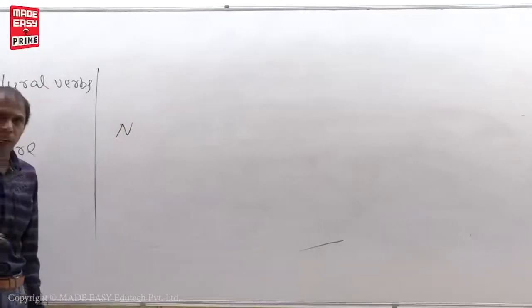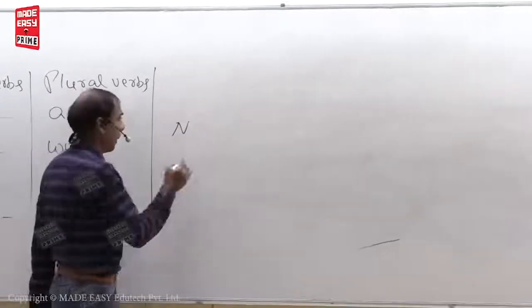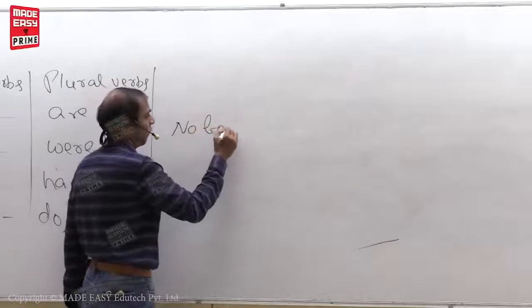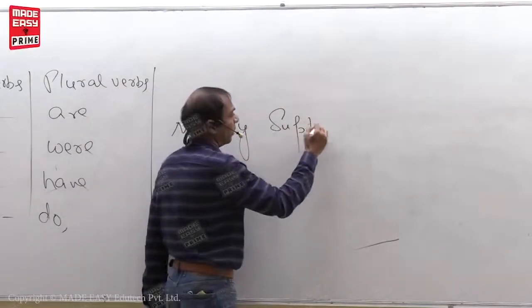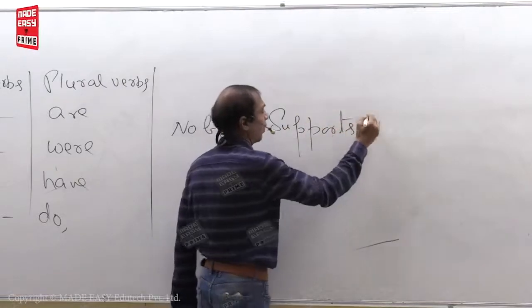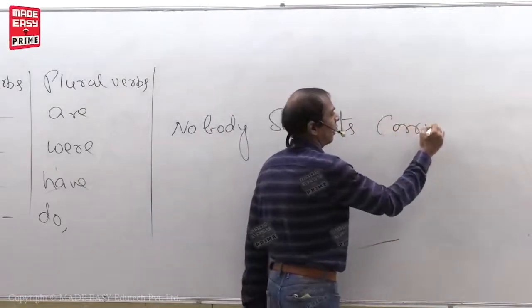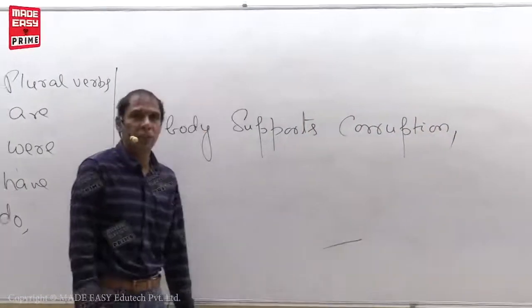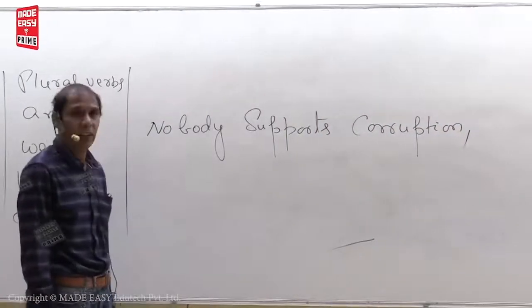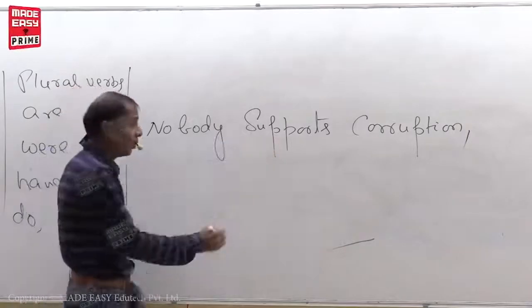No one, nobody, none, 3 are same. Nobody supports corruption. Right? Supports. Present tense with us.